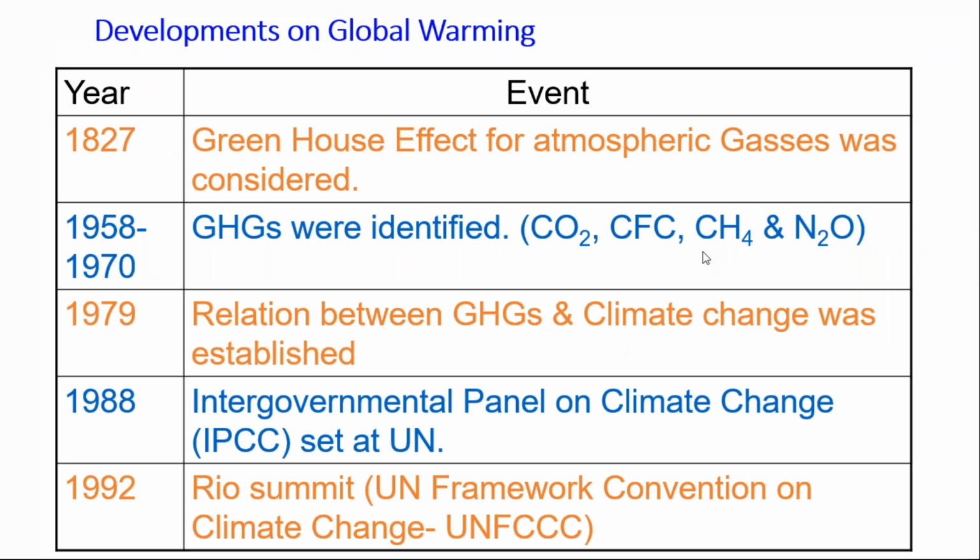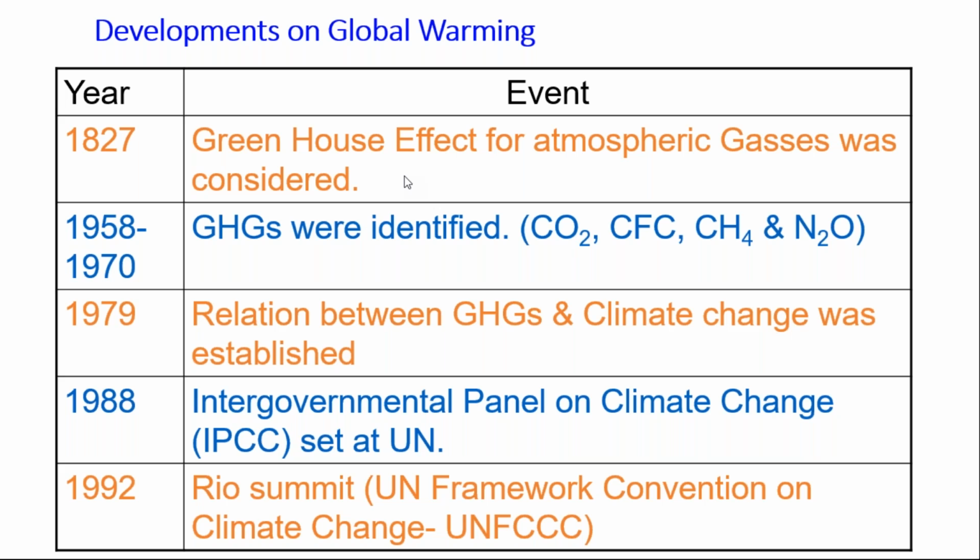From this table, you can understand what exactly was done in Kyoto and what the history is. In 1827, the greenhouse effect of atmospheric gases was considered. Then in 1958 to 70, greenhouse gases were identified, that is CO2, CFC, CH4, N2O.